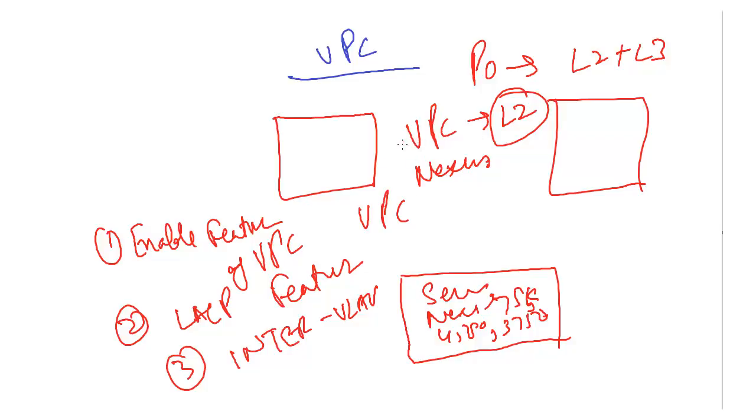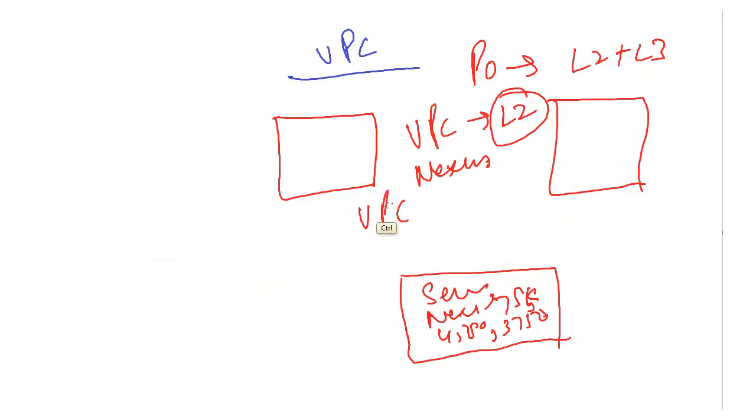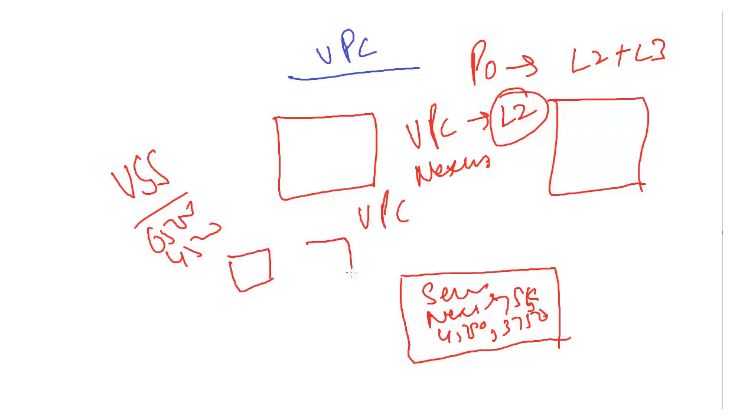So this is all about vPC. Ultimately it will make a logical formation of these two switches, so that the ports which are in different chassis can be bundled. That's the main point. And people ask the question, how is it different from VSS? See, VSS is a concept of 6500 switches, or probably 4500, where you basically combine the control plane of two different chassis and manage it from a single one.